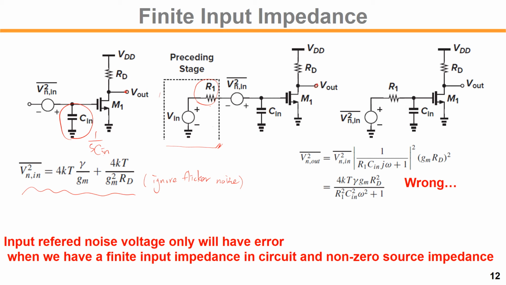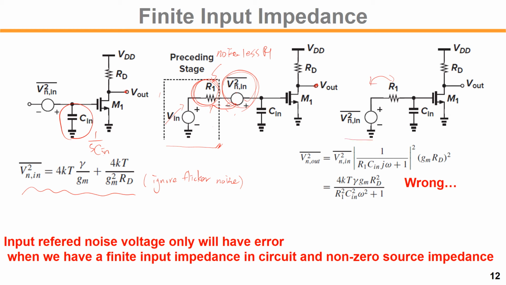If we consider R1 noiseless, we only consider the circuit noise Vn square and In square. Now let's monitor the output noise voltage. In this case, the input is tied to ground, and this one is a noise source. So we can swap the location of the voltage source and resistor. This is the same equivalent network.